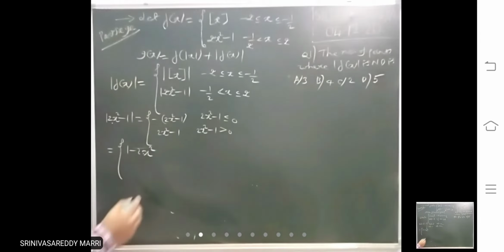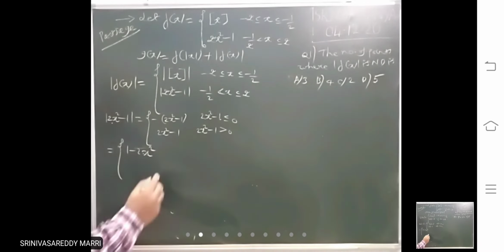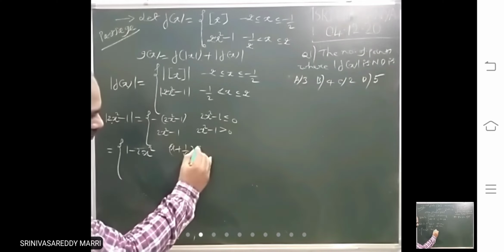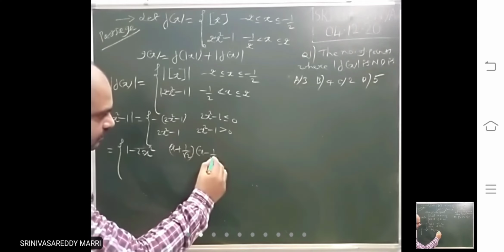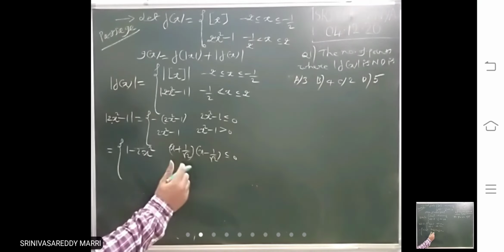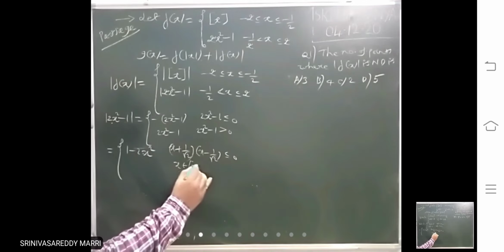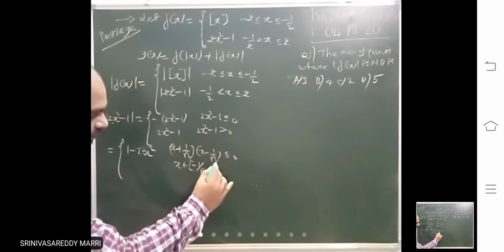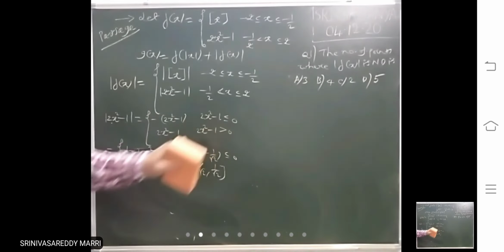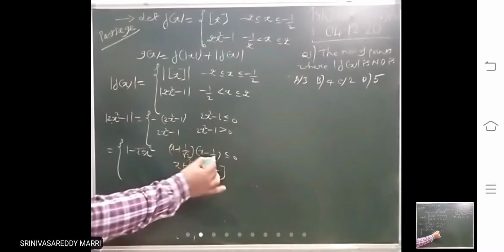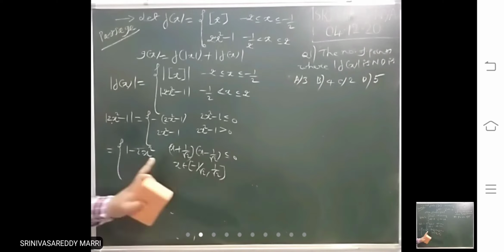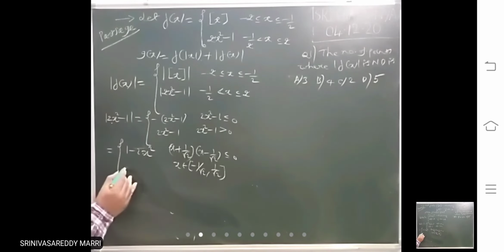If you take 2 common, x square minus 1 by 2, factorize. What is the x interval regarding this? X lies in the interval minus 1 by root 2, comma 1 by root 2. I have taken 2 common and written x square minus 1 by root 2 whole square in this manner. So if x lies between minus 1 by root 2 and 1 by root 2, this is the definition of this modulus.